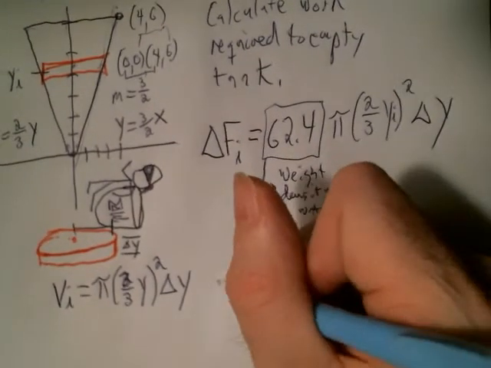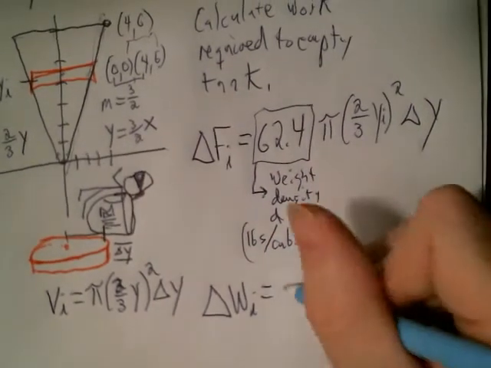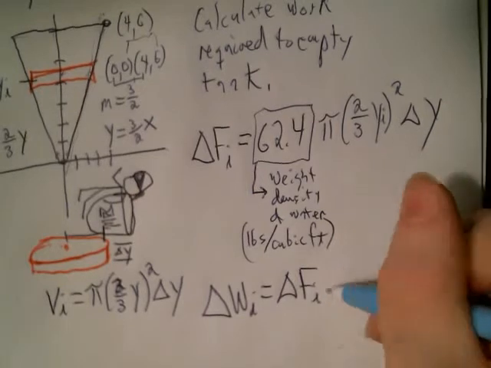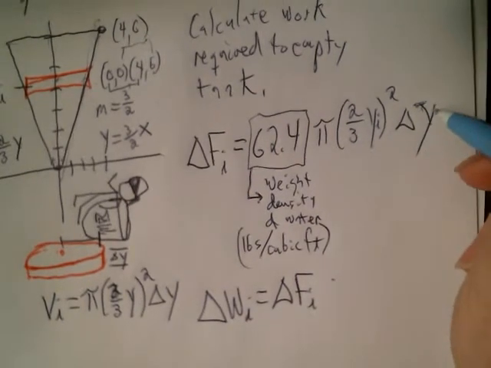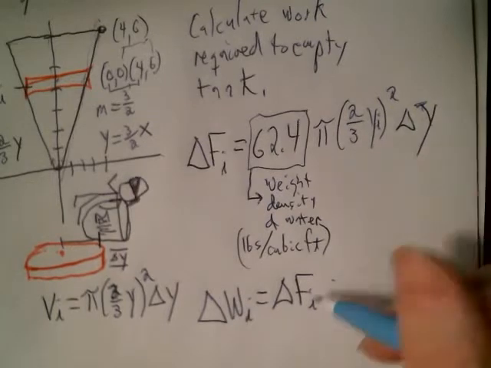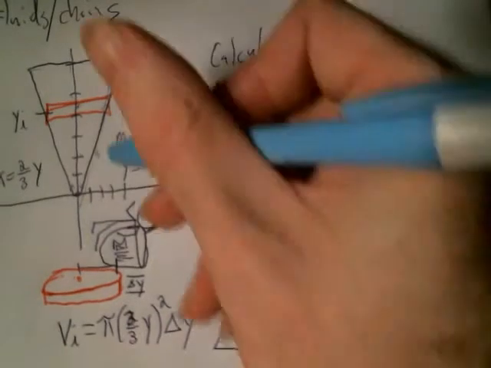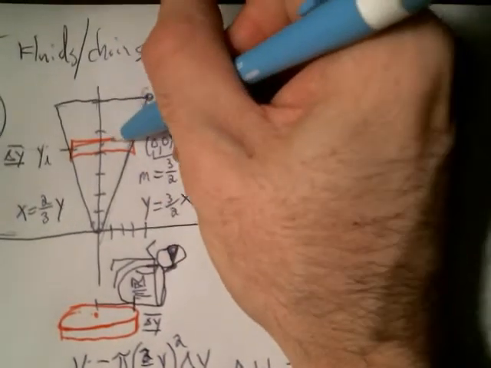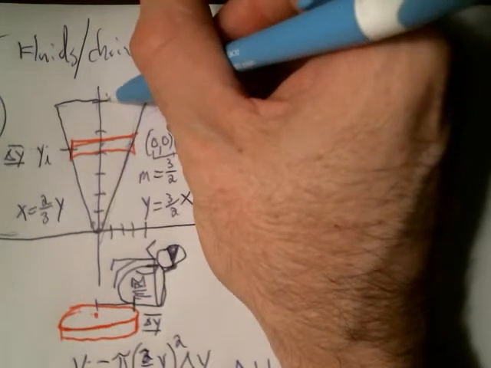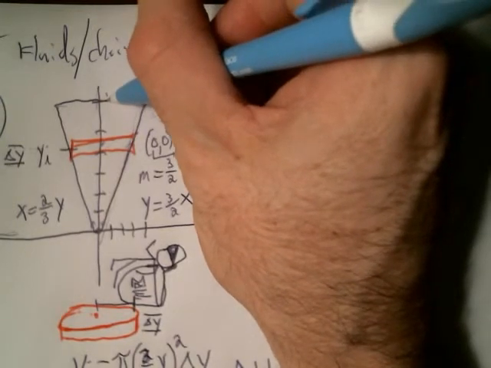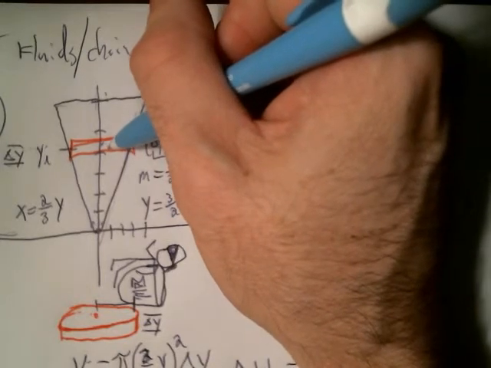Okay, so all of that is just to get my work increment. Of course, the work increment is just the force increment times the distance traveled, right? So I still need one more thing. I need to know the distance from here, this y sub i, to the top of the cone, because that would be the distance that I'm having to travel.